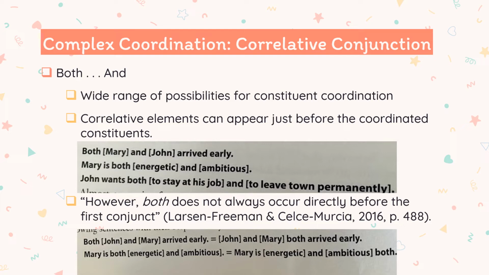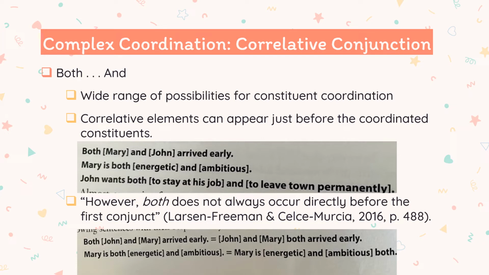Here are some examples from the textbook. Both Mary and John arrived early. Mary is both energetic and ambitious. John wants both to stay at his job and to leave town permanently. So this is perhaps more often how we will see both...and.